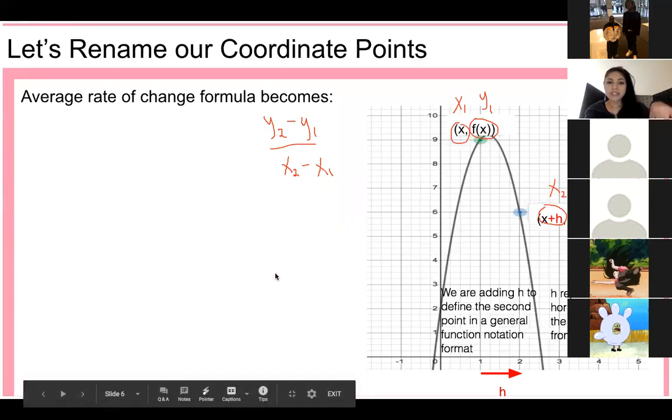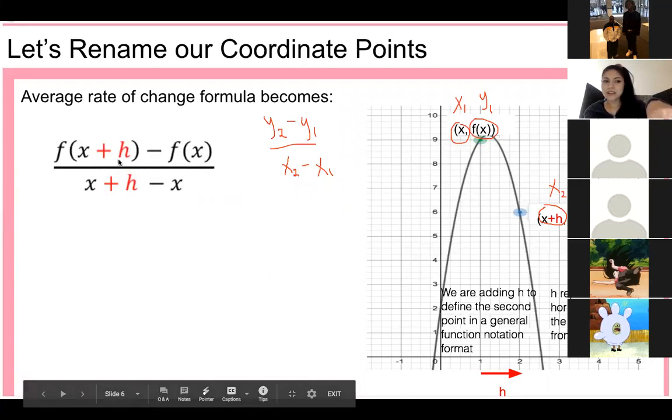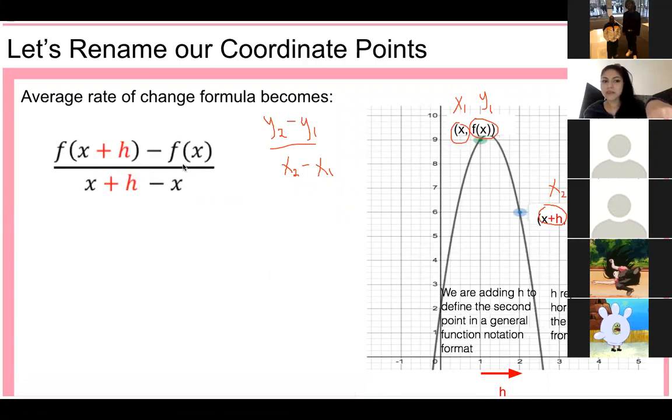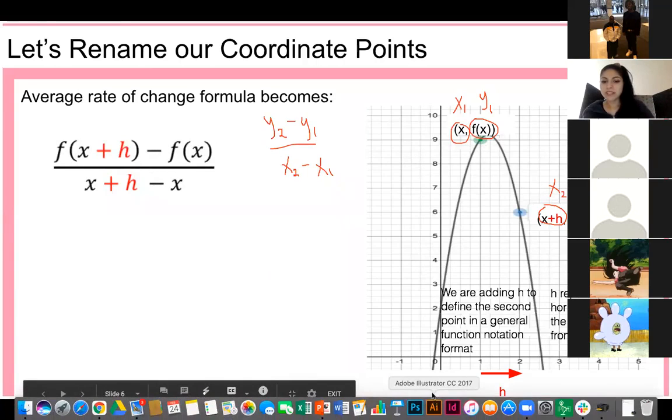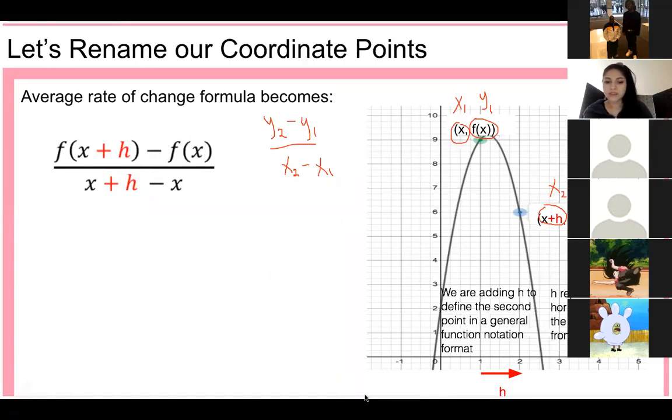And that's where this funky looking formula is coming from. You see how it's y2 minus y1, then x2 minus x1. So y2 right here, minus y1. Then this part was x2, and then minus x1.